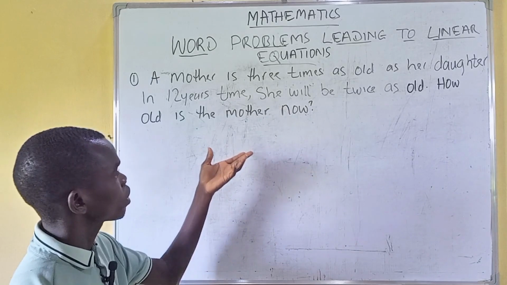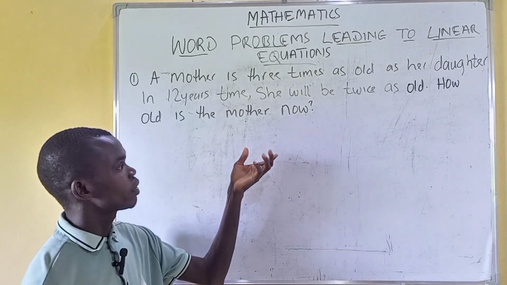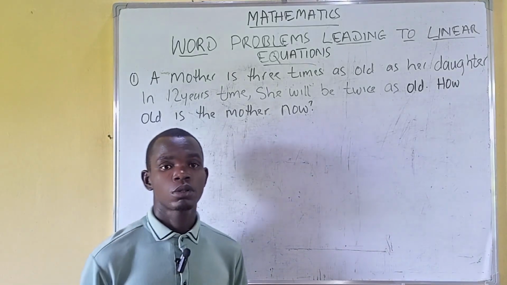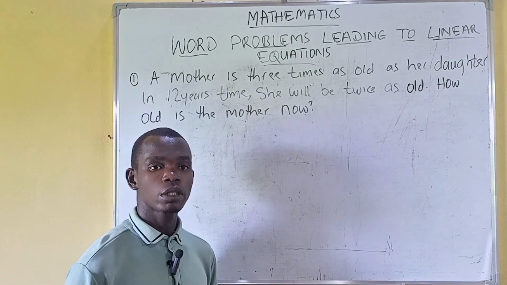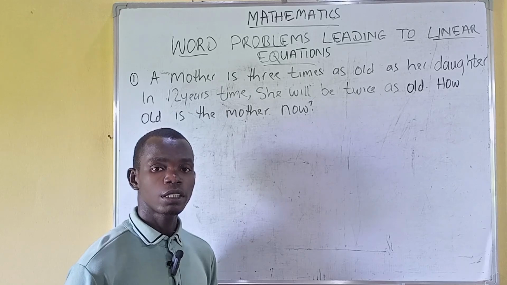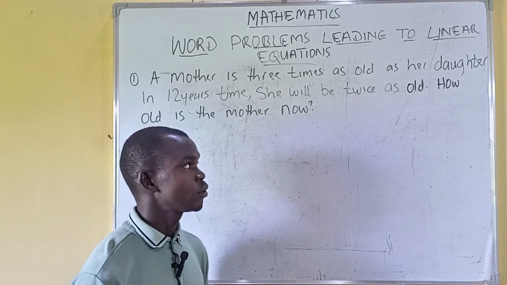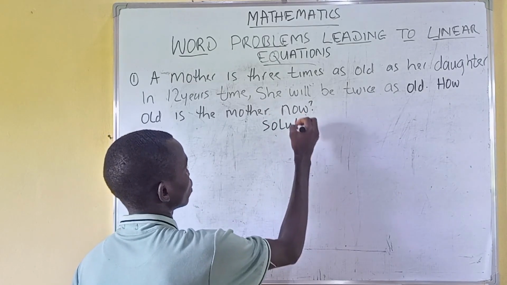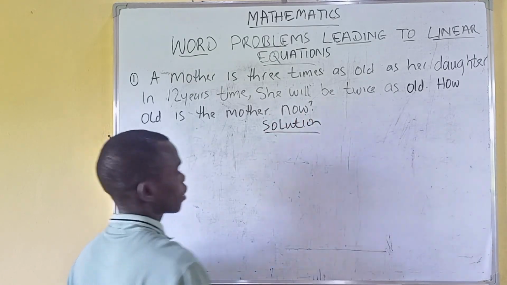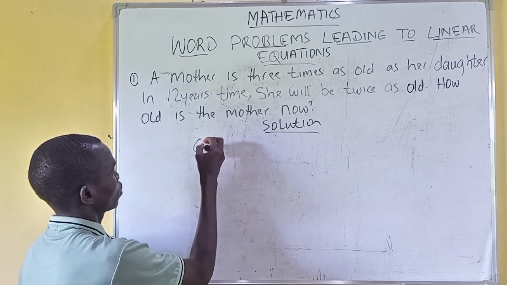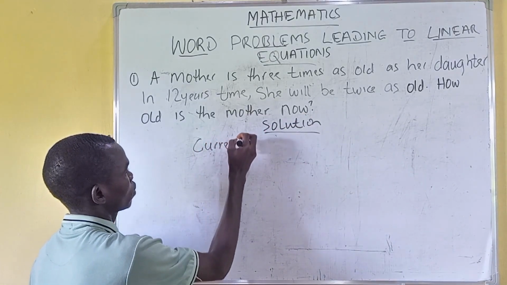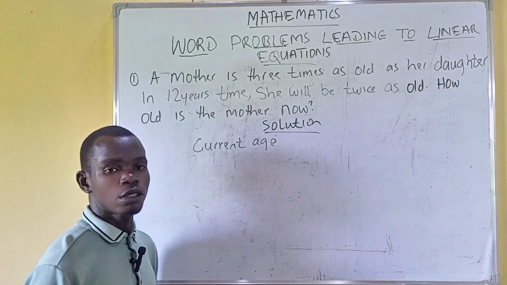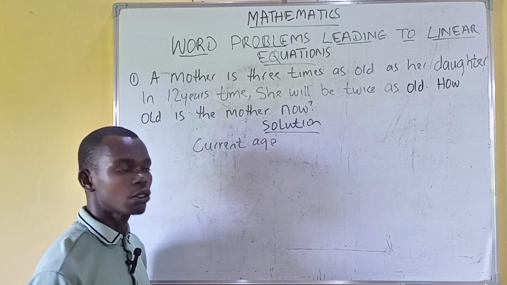So, from the question, we are asked to calculate their current age. And from the three rules, firstly, choose a letter to represent the number required. From here, we can say that as a solution, their current age, you use a letter to represent the age of the daughter.